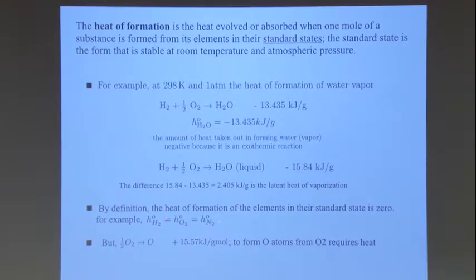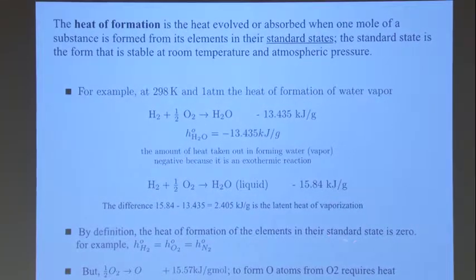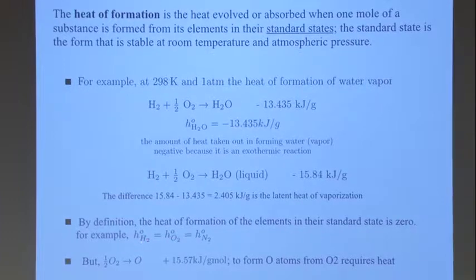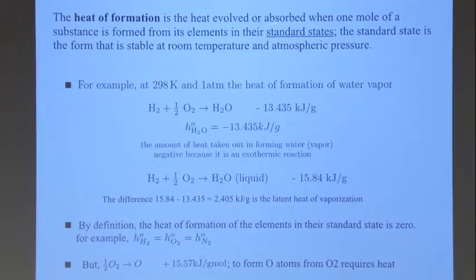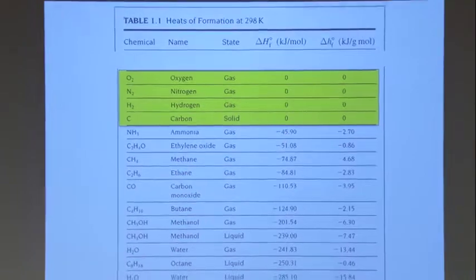By definition, therefore, the heat of formation of all the elements which are in their standard state is clearly 0, right? By the definition here. So clearly the heat of formation of hydrogen, oxygen, nitrogen are all 0, as you can see in the table here.